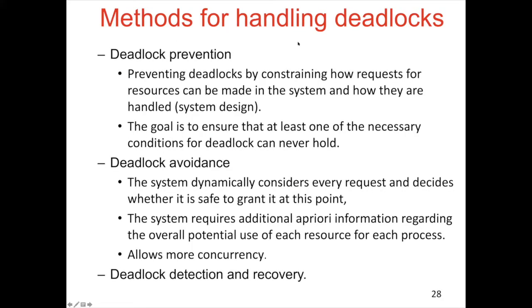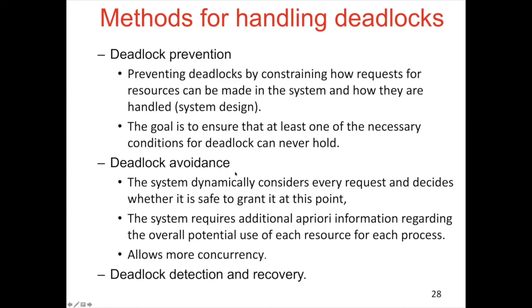Methods for handling deadlocks are as follows. The first one is deadlock prevention. It is preventing deadlocks by constraining how requests for resources can be made in the system and how they are handled by the system design. The goal is to ensure that at least one of the necessary conditions for deadlock can never hold.